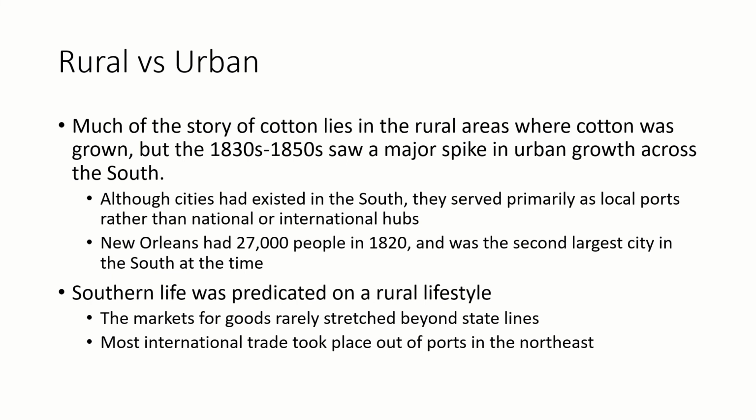For nearly half a century after the Revolution, the South existed as a series of plantations, county seats, and small towns, some connected by roads, others connected only by rivers, streams, and lakes. Cities certainly existed, but they served more as local ports than as regional or national commercial hubs. For example, New Orleans, then the capital of Louisiana, which entered the Union in 1812, was home to just over 27,000 people in 1820.